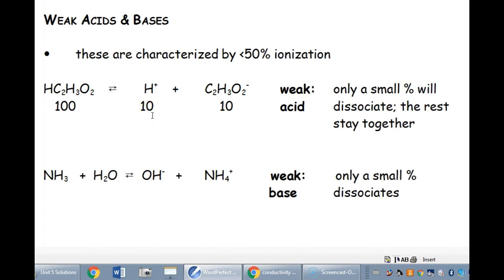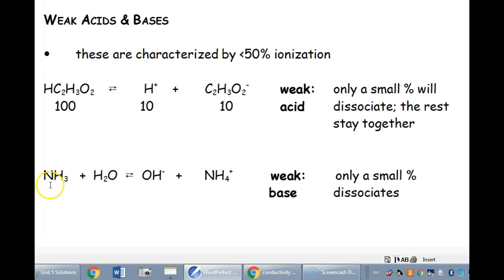So you can imagine that if you have far fewer H plus ions in solution, there's not going to be a lot of H plus ions, or hydronium ions, to do damage, right? Also, there are going to be far fewer ions present in solution to be able to conduct electricity, to have a current flow effectively.